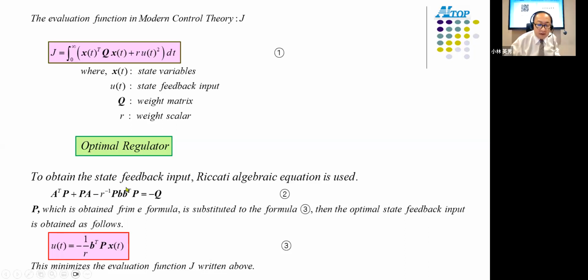To obtain the feedback input, which is important, since the behavior of the moving body changes depending on the state feedback input, the Riccati algebraic equation is used. Equation 2 is called a Riccati algebraic equation.